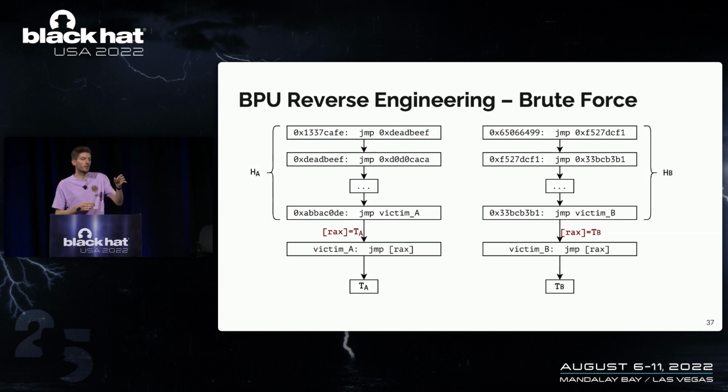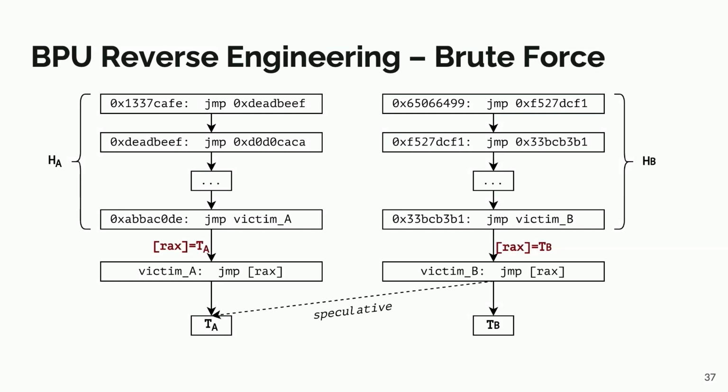As you can see, from history A we always jump to target A, and from history B to target B. Here also, surprisingly, by randomizing history B, we even managed to find a case of speculation from indirect branch B to target A. If you think about this, it is very weird, because that code path never jumped to target A. This proved that the branch prediction unit wasn't able not only to distinguish history A from history B, but wasn't even able to distinguish the different call sites. As an attacker, this is an amazing primitive, because now you can mispredict any indirect branch and speculate whenever you want. It's total freedom to do whatever you want.